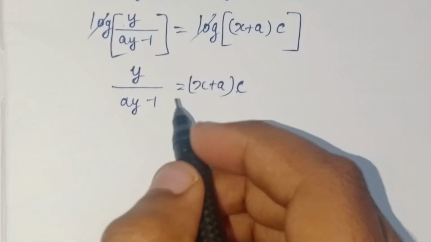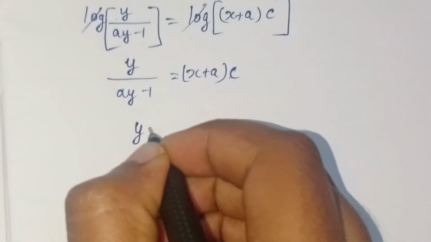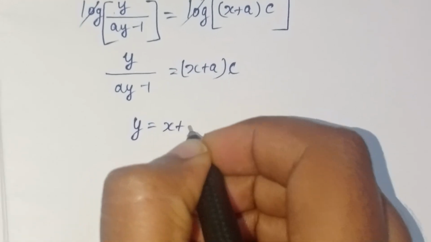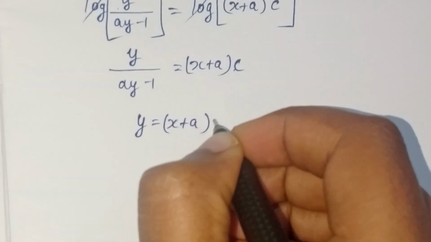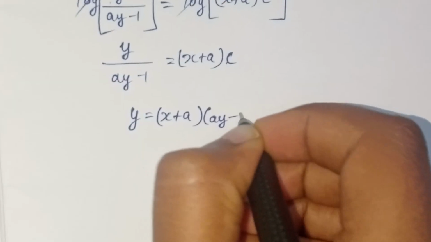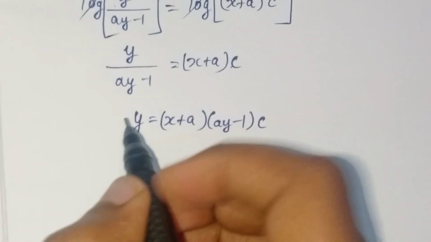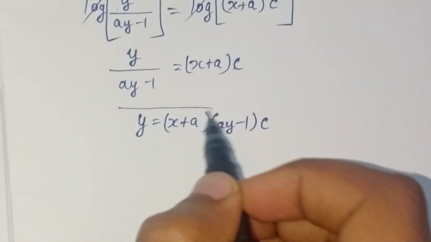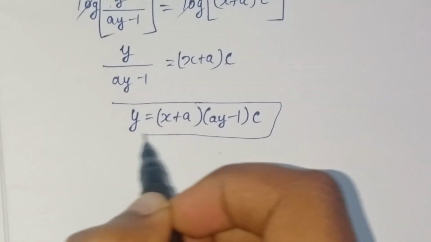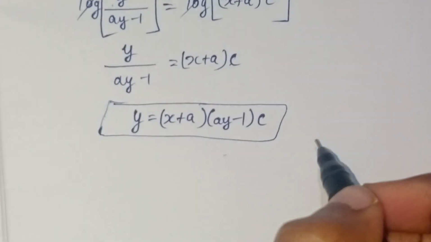We can simplify this as y equals (x plus a)(ay minus 1) c. So this is the final answer we get for the given question.